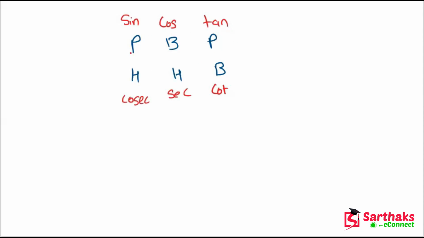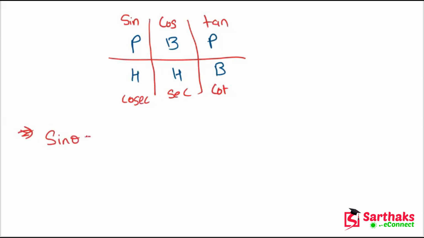With the help of this relation, we can find these ratios. How? If we want the sin ratio, sin theta, we can write P upon H. If we want cos theta, we write base upon hypotenuse. Cos theta is the ratio of base upon hypotenuse. Okay, this is very simple.